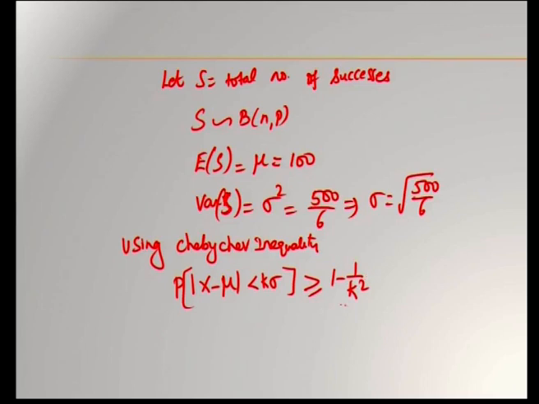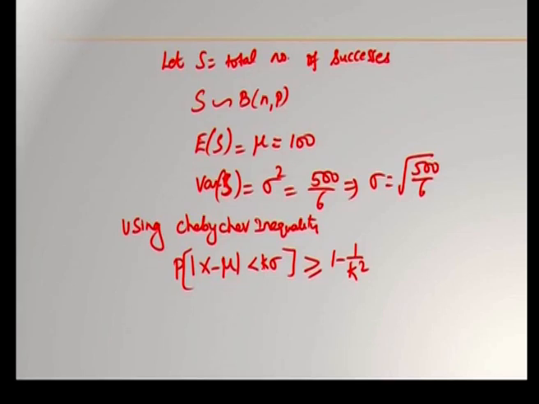So, this gives you the lower bound. Since you are asked to find the lower bound, we have to use only the second format of Chebyshev inequality. If you are asked to find the upper bound of the probability, you have to use the first format of Chebyshev inequality. Now, let me substitute all the values, where k is kept as it is.